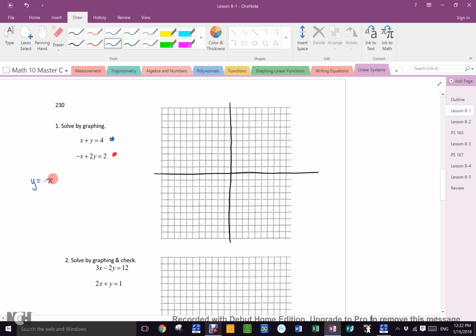Y equals negative x plus 4. Now, that just so happens to be the exact one I just did for double practice. How do I graph it? I go where? 1, 2, 3, 4. And the slope is negative 1, right? So it's down 1 over 1, down 1 over 1, down 1 over 1. And it's going to make this line.